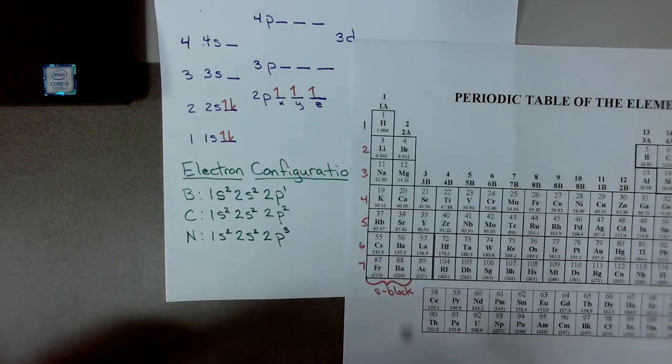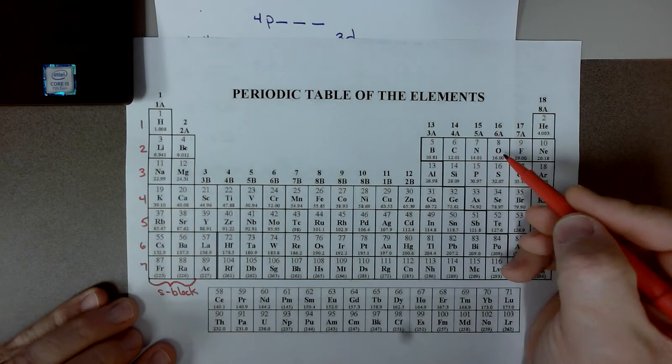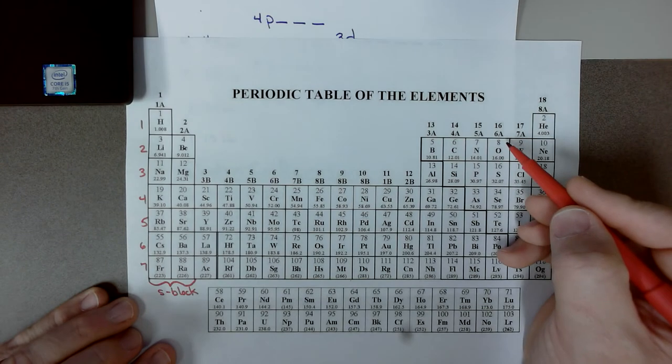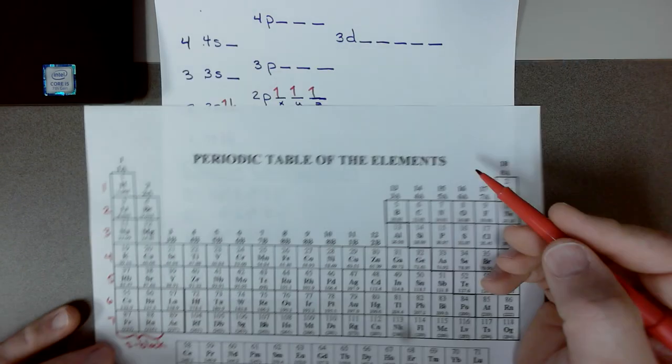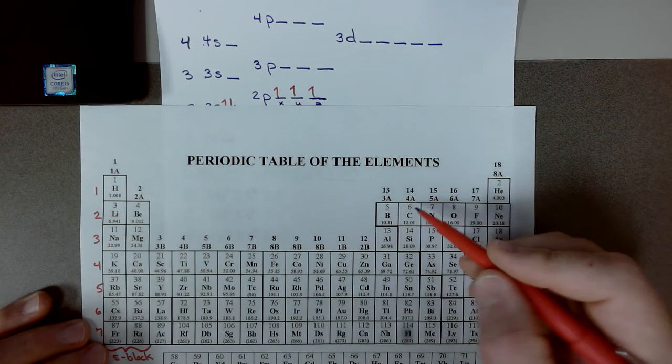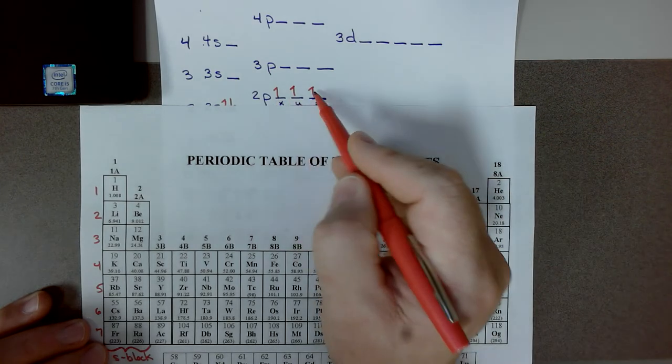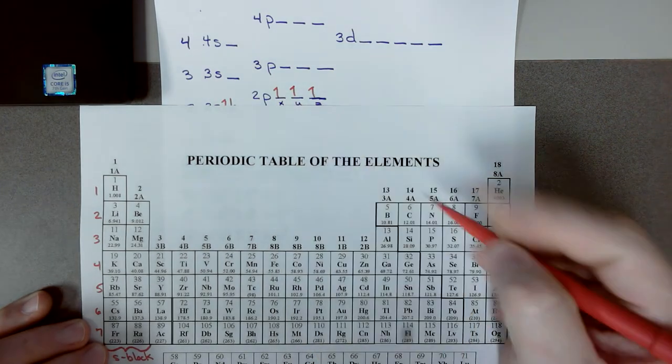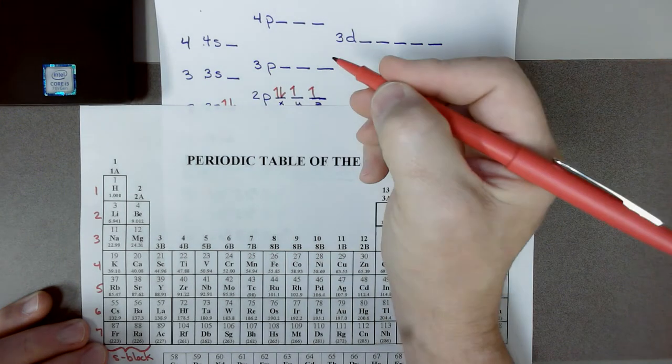We notice here the next one would be oxygen with 8 electrons. And if you notice, these electrons, 5, 6, 7, and the next one would be 8, so oxygen would have 1 doubled down.